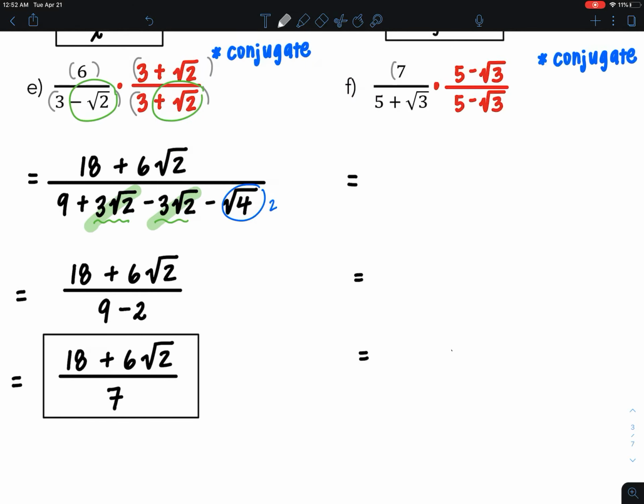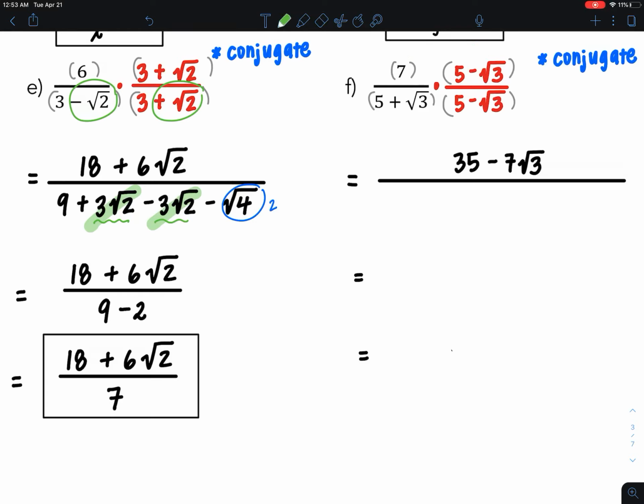And now we're going to distribute the numerator, distribute the denominator. So let's do the first thing. 7 times 5 is 35. 7 times negative radical 3 is negative 7 radical 3.